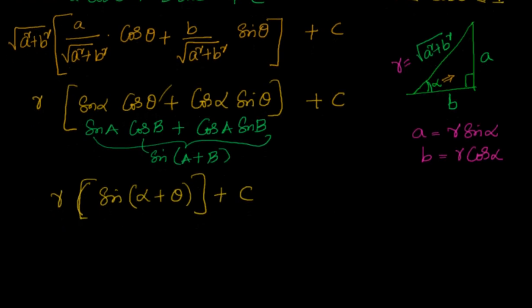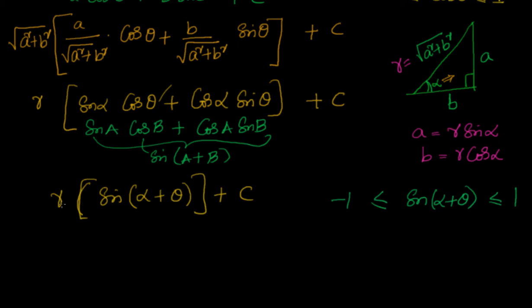Right, now let's come back. We know that minus 1 is less than or equal to sin of alpha plus theta, which is less than or equal to 1. We know that very clearly, because sin of any angle should be between minus 1 and 1.